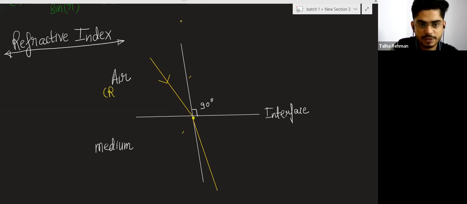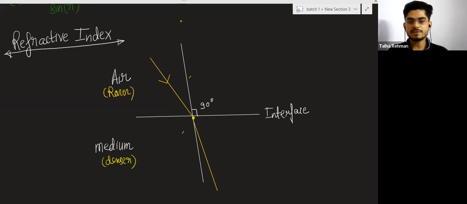Suppose this is a rarer medium and this is a denser medium, and the light ray is traveling from air to any other denser medium. This is I, the angle of incidence. This is the angle of refraction.